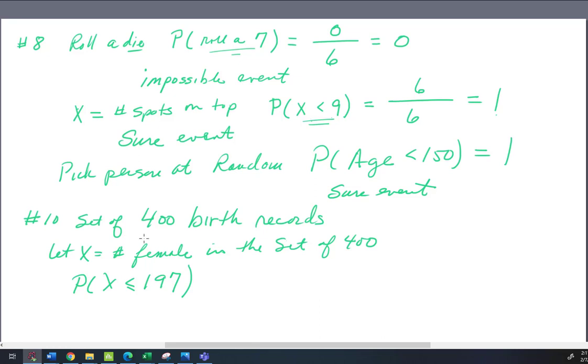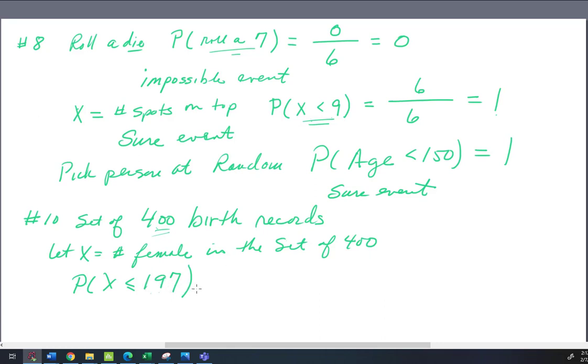So we've got this random set of 400 births. They weren't selected for any reason. We did a lottery kind of thing and got random births. What's the probability that in this set of 400 we've got 197 or less female births?